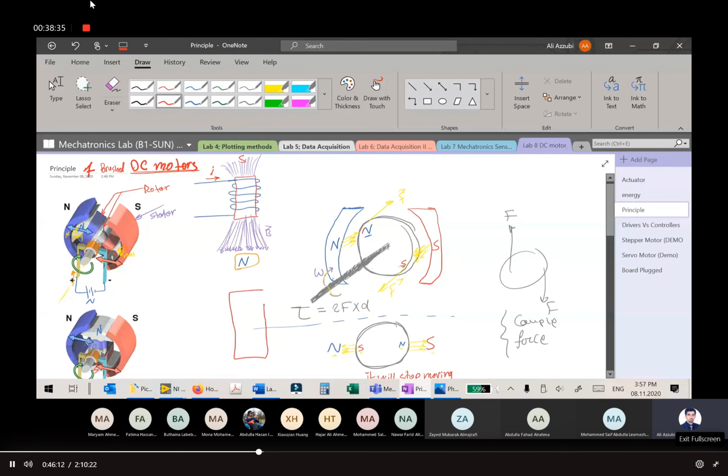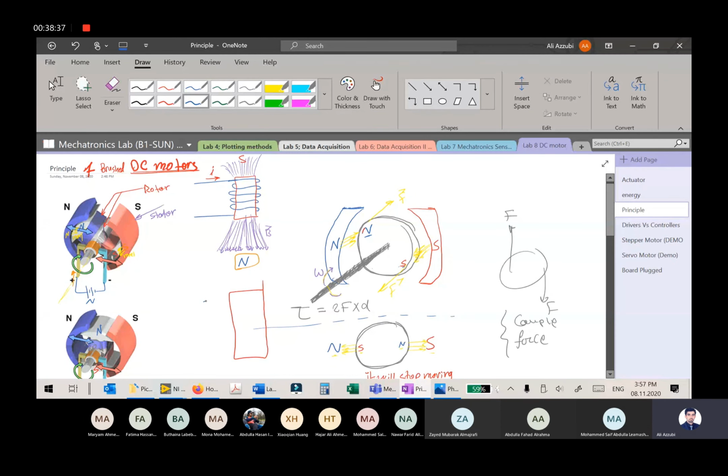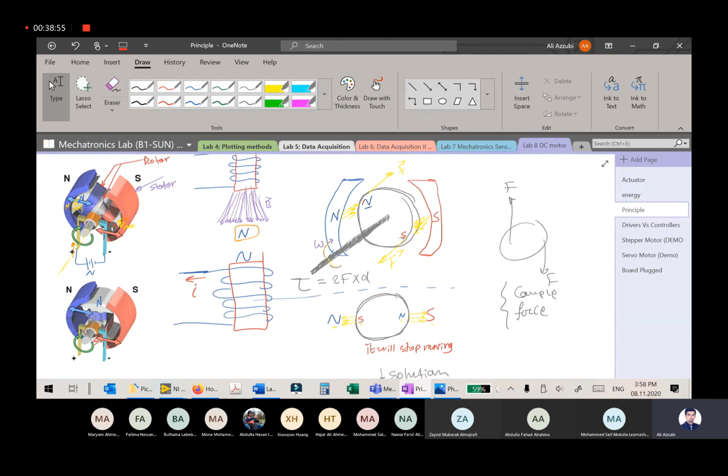If this is your coil like this, now if current is flowing this way, we've seen that we can do this mechanically through the commutator ring. This will make the north become here and the south become here.